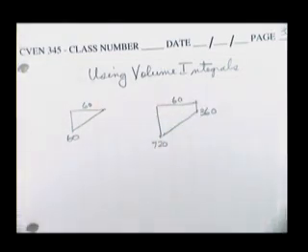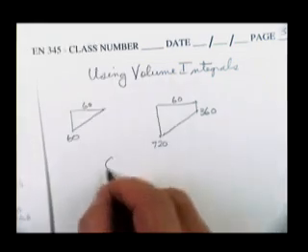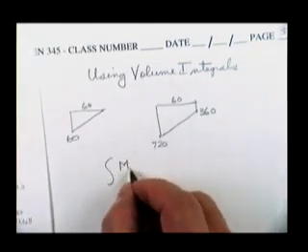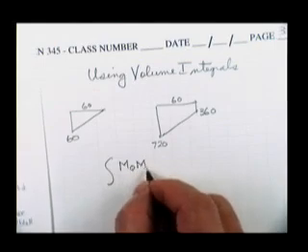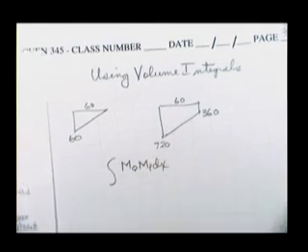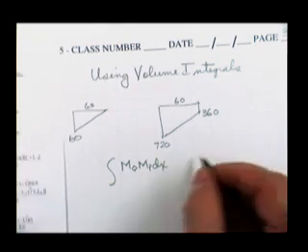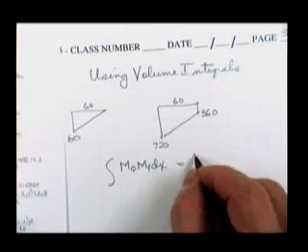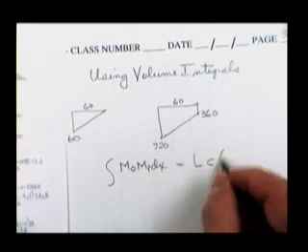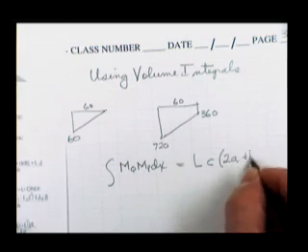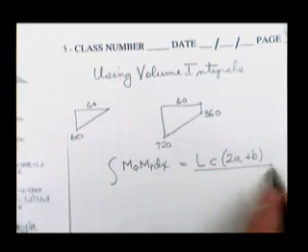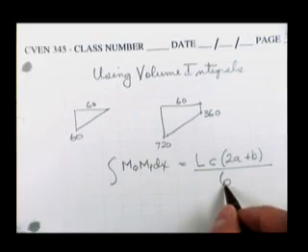And according to this guy, the integral of m dx, you've got to do your own EI, volumes don't know EI, is equal to the length times C times 2 times A plus B divided by 6.